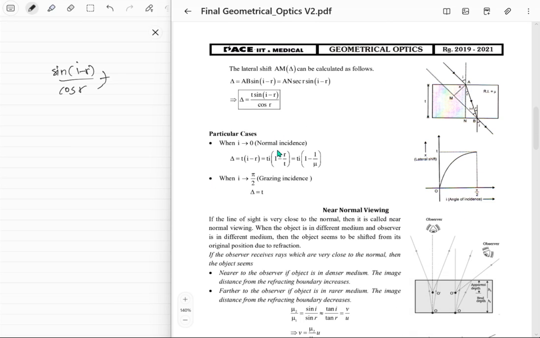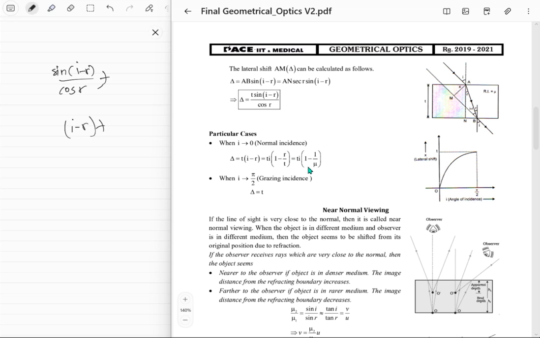Particular cases when I is approaching 0, normal incidence. What is this? Oh, so it's a graph between angle of incidence and lateral shift. So when I approaches 0, in that case r also approaches 0. So then this just becomes I minus r upon cosine r, which becomes approximately 1, and then this times t, right? But we know that sine I upon sine r must be... oh, so you're saying delta is equal to t itself.